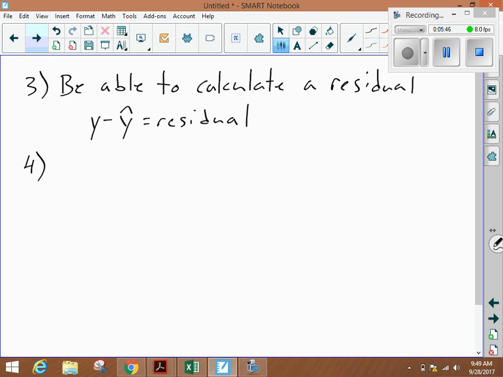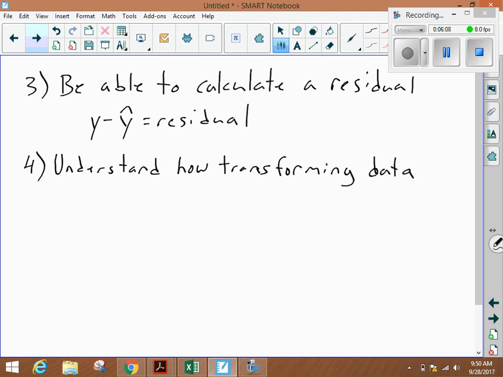Interpret correlation. Or rather, let's understand how transforming data affects correlation.